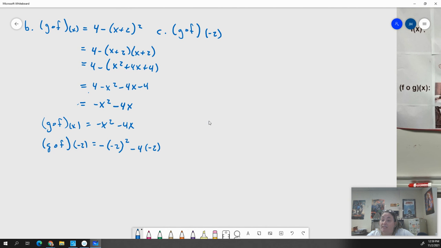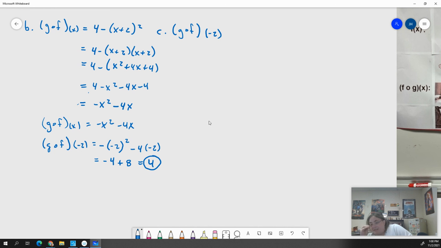Everywhere there was an x in here, I put in a -2. -2 squared is -2 times -2, which is +4. But we still have this negative on the outside, so it's going to become -4. -4 times -2 is +8, and we just wind up with 4.